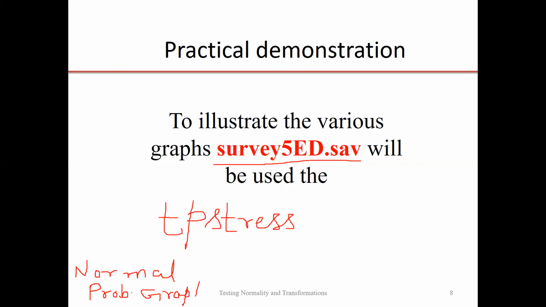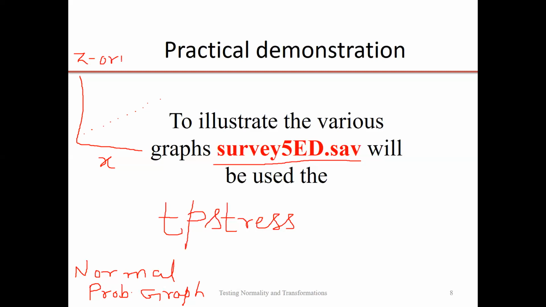And the second variable is the z-scores obtained from the table of normal distribution. These two columns are to be plotted on an xy plane. Here is the arranged x and the other is the z-scores, z-scores or z ordinates.